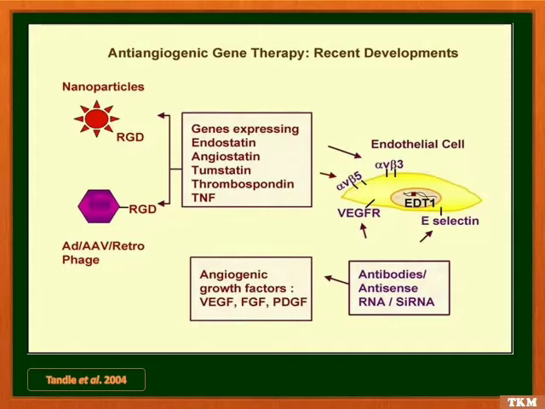Now this figure depicts different modes of gene therapy directed to tumor endothelial cells and its microenvironment. The expression of endothelial cell specific cell surface molecules like vascular endothelial growth factor receptor VEGFR, E-selectin, or angiogenic growth factors VEGF, FGF, PDGF produced by tumor cells can be inhibited by specific antibodies, antisense RNA, or gene-specific siRNA.